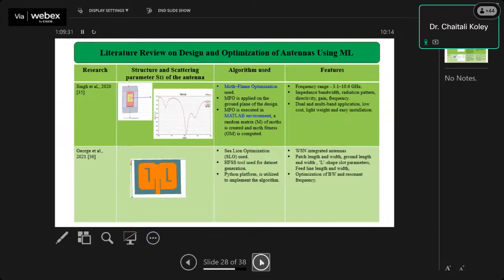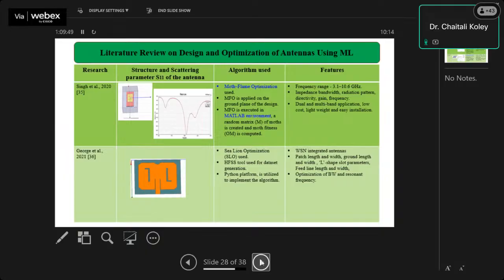In reference number 35, Singh et al. also used flame optimization.